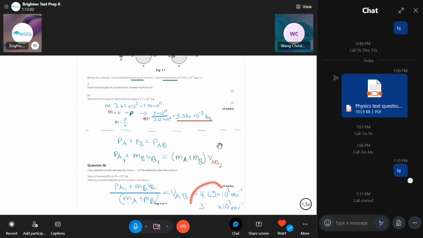This one is roughly 50% higher. 3 to 4.6 is about plus 50%, so 1.5 times, plus a whole power. So it's 1.5 times 10 to the power of 1, or in other words, it's 15 times faster than the speed of sound. That gives us a bit of an idea, at least.